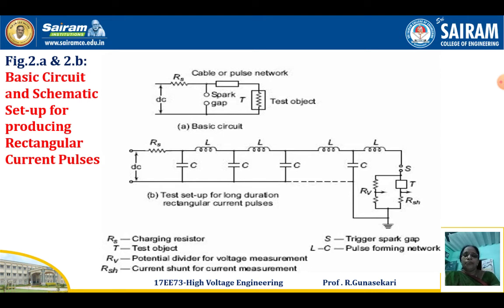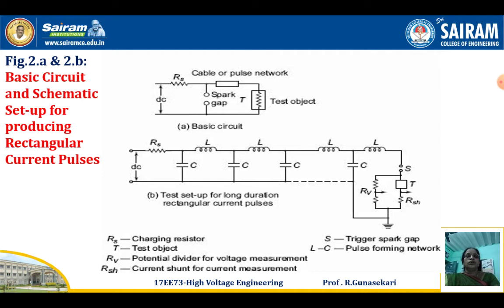Figure B represents the schematic setup for producing the rectangular current pulses. See, first DC, then charging resistor Rs. In between is the capacitor C, and then inductance L. The L and C network is the pulse forming network.